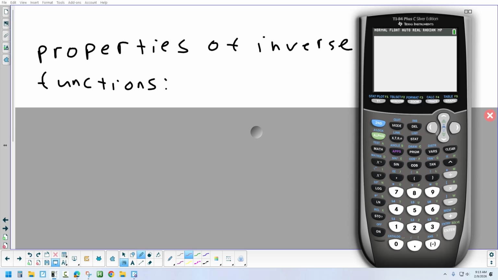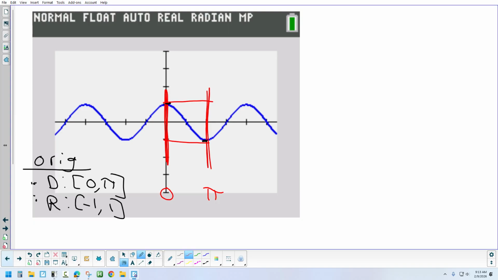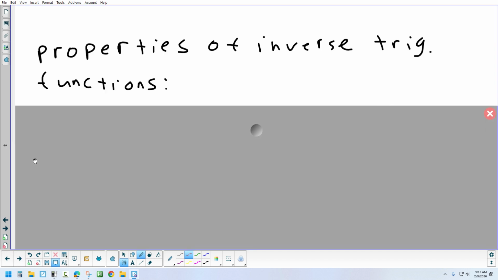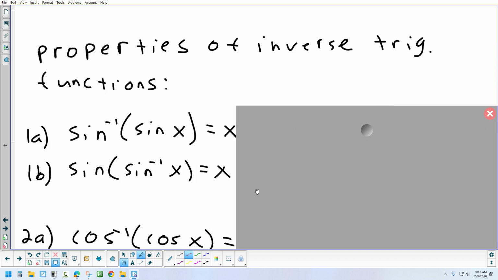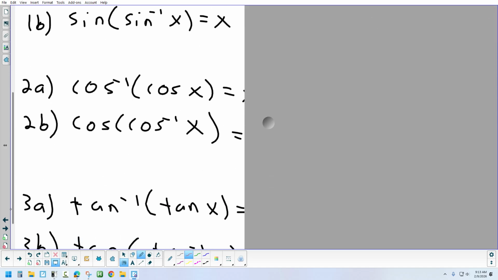Now, we just have to be a little bit careful because we impose certain restrictions. So yes, they will cancel each other out, but we have to make sure we're still respecting these restrictions that we put in place. Okay, so let's start with this one. There's 2 versions of every formula.